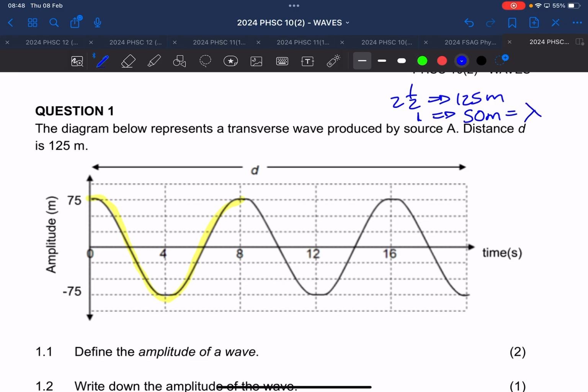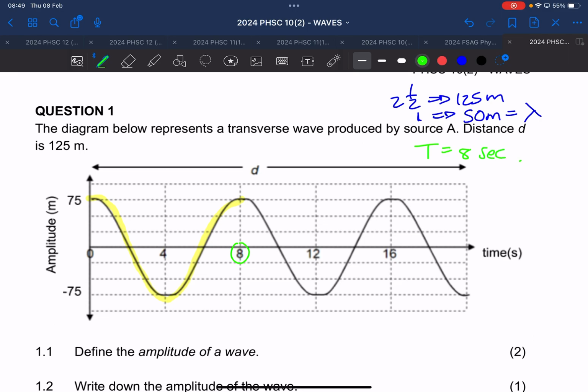I'm telling you, one wave is 8 seconds. What is measured in seconds? No, speed is meters per second. They give us the time. The more formal word is the period. Capital T, the period. The time taken for one wave is 8 seconds.